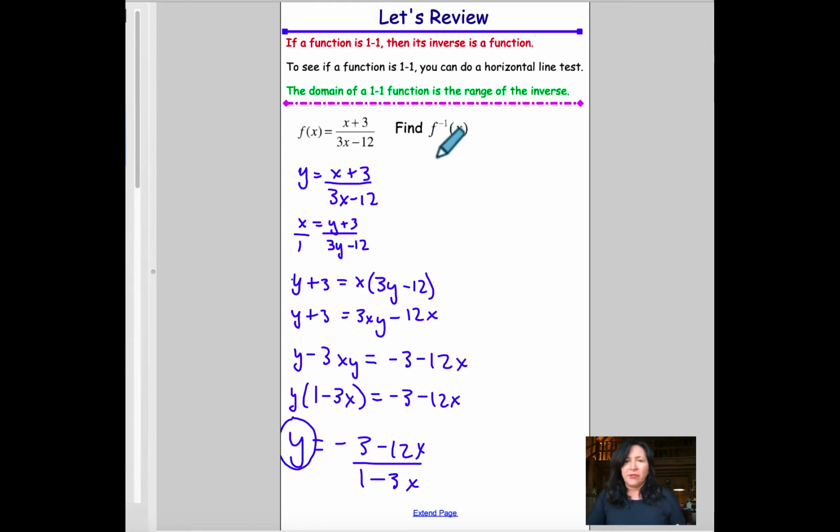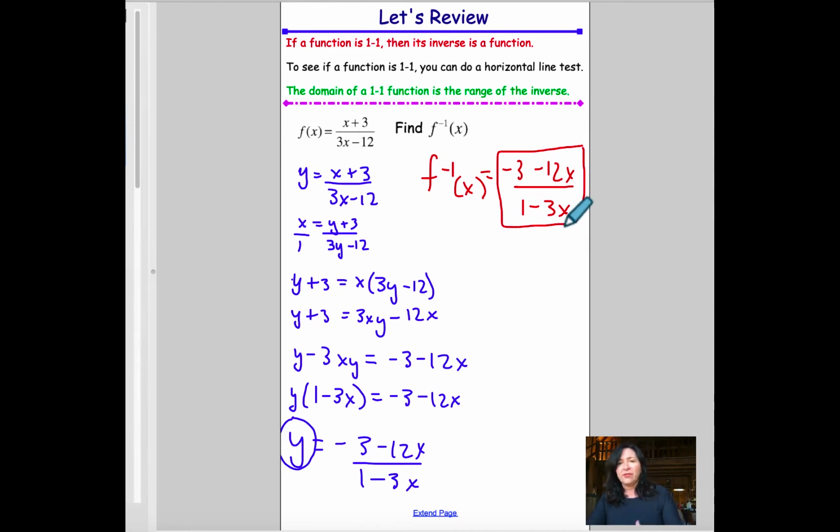So my final answer is f of -1 of x, which is the inverse of f of x, equal to -3 minus 12x all over 1 minus 3x. Again, you are not canceling those x's, you're not canceling any 3's, you're not doing any of that. This is your answer, so leave it.